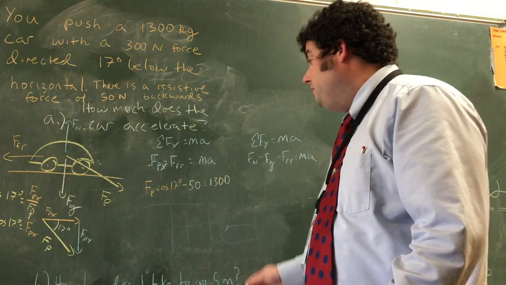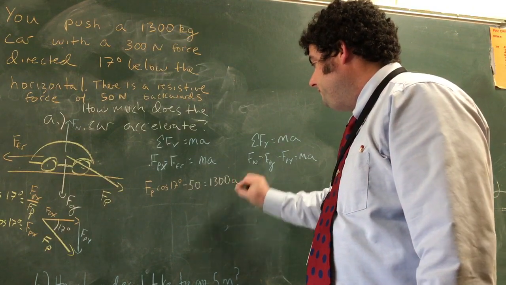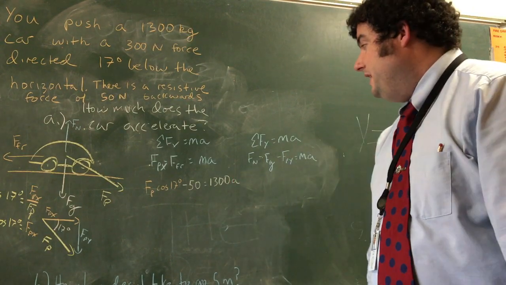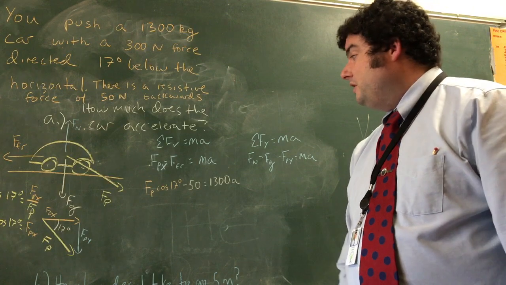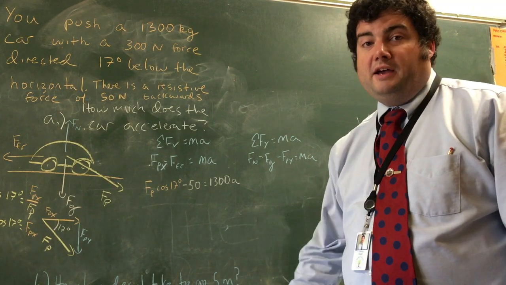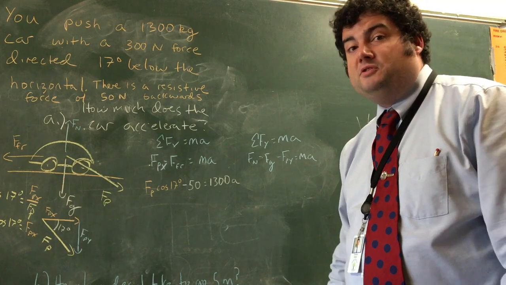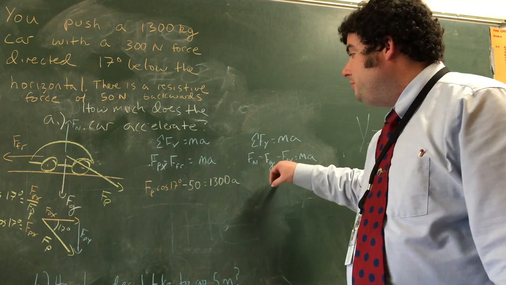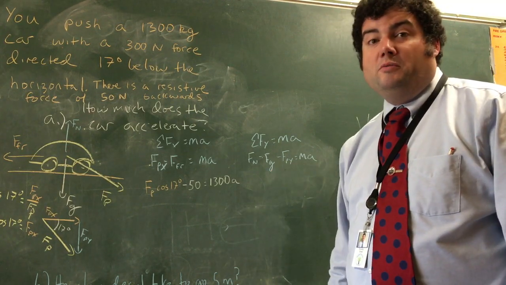So the only thing I don't know is acceleration. So now, once I do this, I'll be able to solve for that acceleration. Notice I didn't have to do anything with the y equation. Sometimes you do and sometimes you don't. Typically what I would probably solve for here would be the normal force.